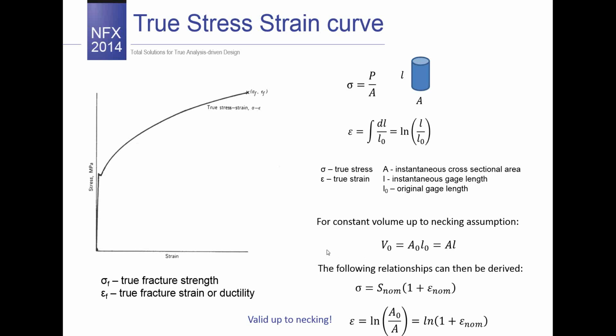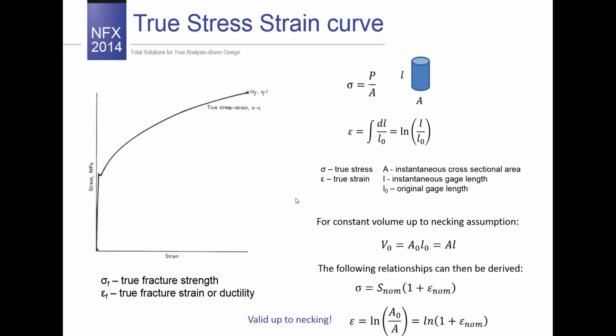And if we make an assumption of constant volume, with this equation, we can provide the following relationships. They give you the connection between the engineering data and true stress-strain data.